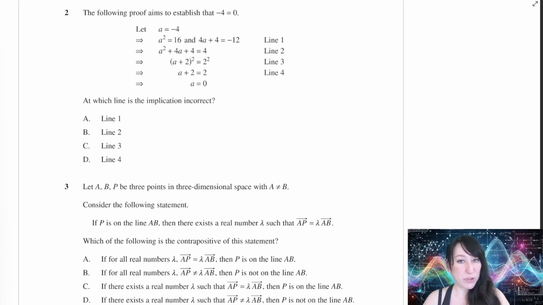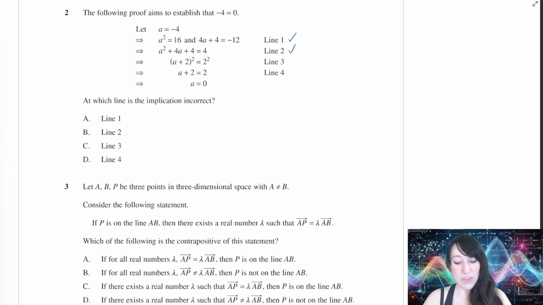Both of those statements are true if A is -4. Line 2 says A squared plus 4A plus 4 equals 4. What we've done between line 1 and line 2 is add these two equations together, the left-hand sides and the right-hand sides. And so line 2 is also a true statement.